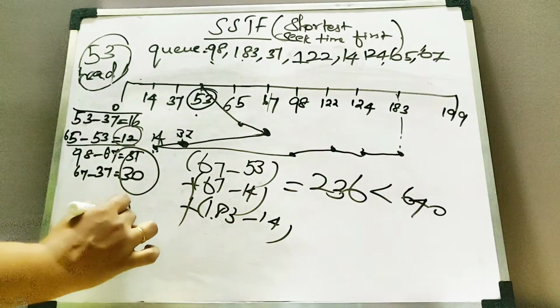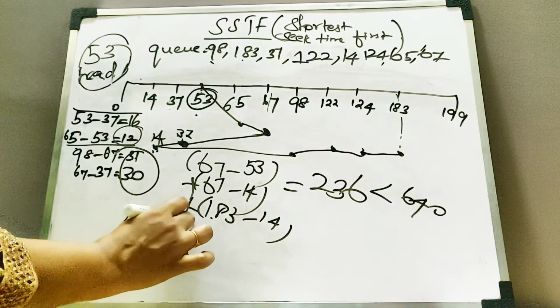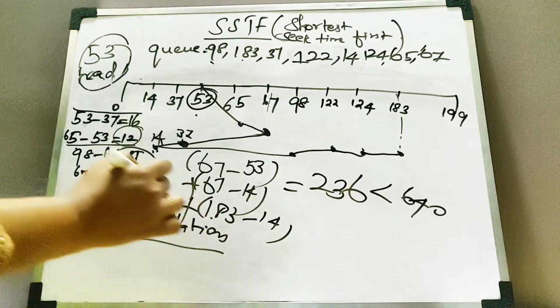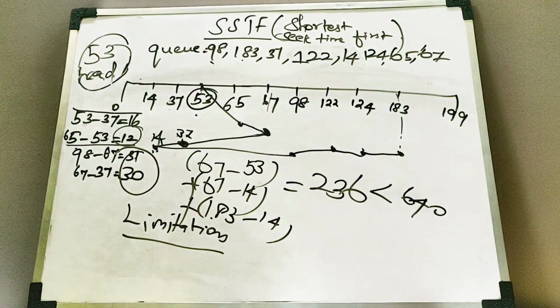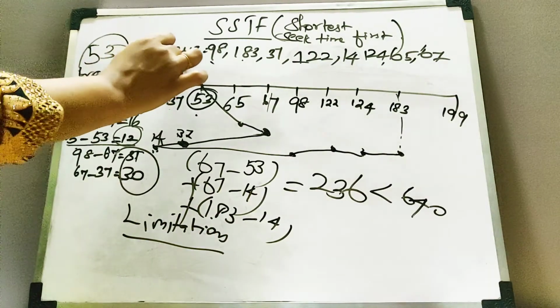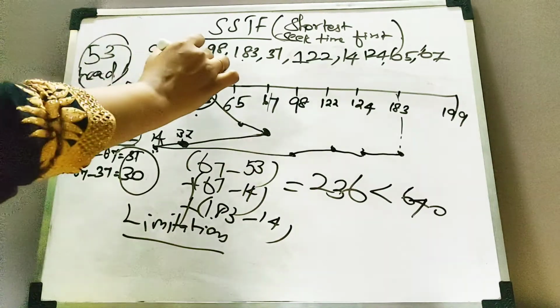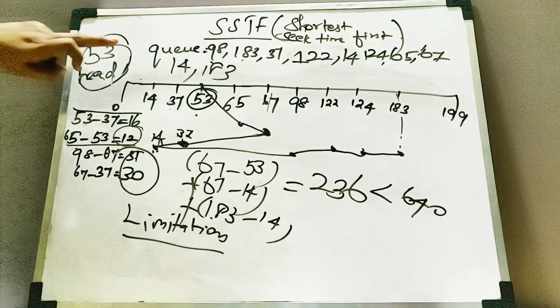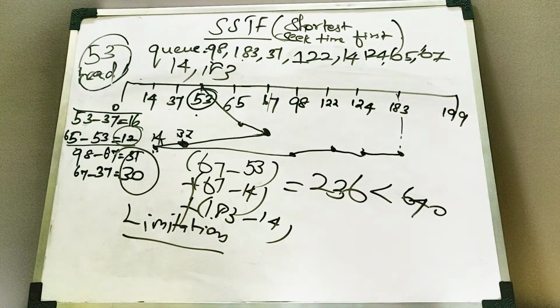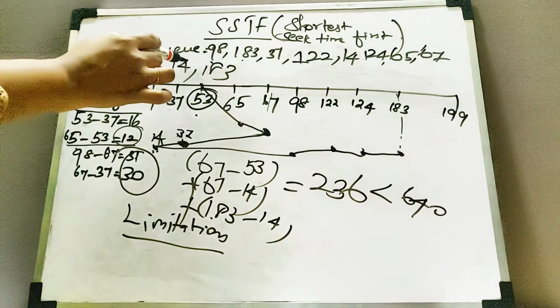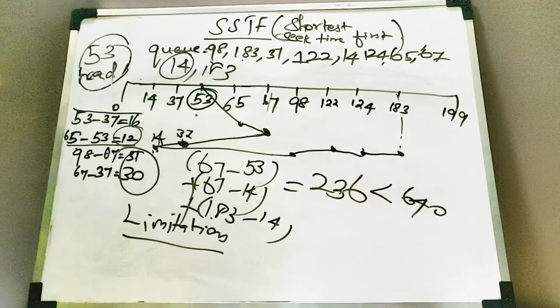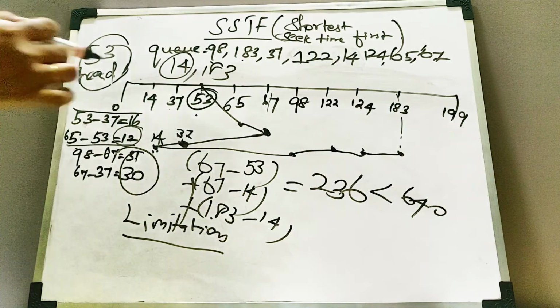But what is the limitation of this? For example, take this queue. I have only two values in my queue, 14 and 183. Which one will be served first? Absolutely, 14 will be served first. So what about 183?